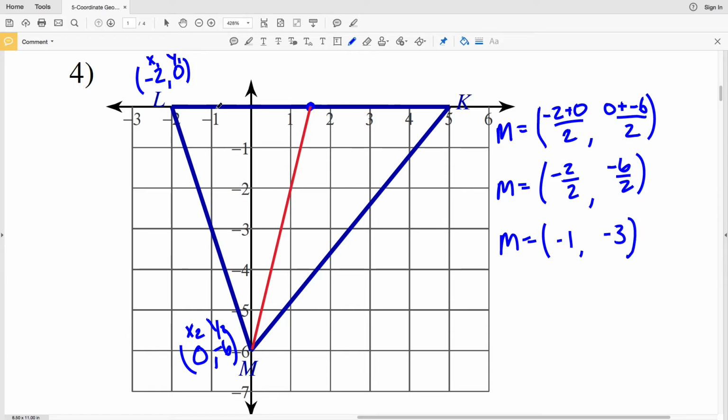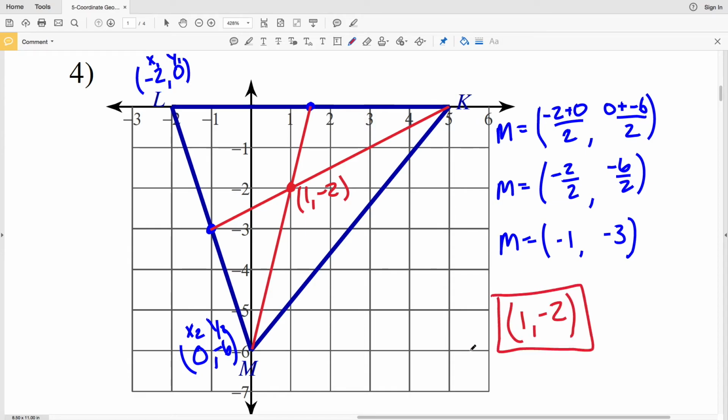So we're going -1, -3, and plotting our midpoint. Now we're going to draw our median from the opposite vertex, which is K, to our midpoint of LM, -1, -3. And you can see that where those medians intersect is this point, +1 in the X, -2 in the Y. So 1, -2 is the coordinate of the centroid for number 4.